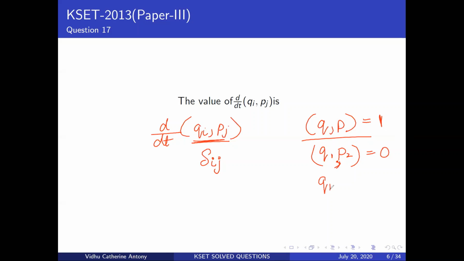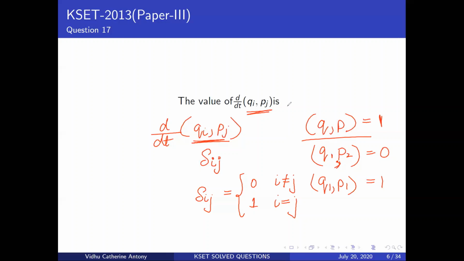But if it's q1 and p1, it's going to give you a 1. This is basically the definition of the Kronecker delta function. What does the Kronecker delta tell you? Delta ij is equal to 0 if i is not equal to j, and it gives you a 1 if i is equal to j.